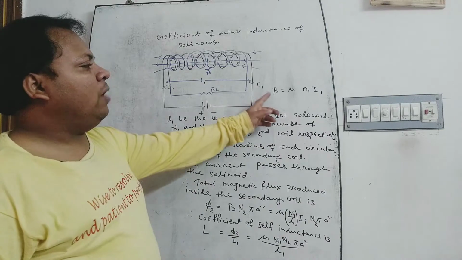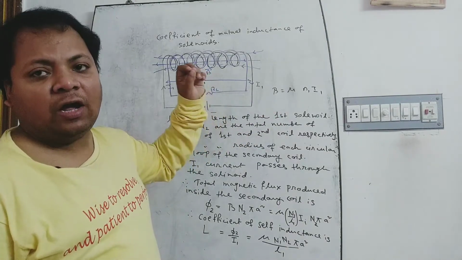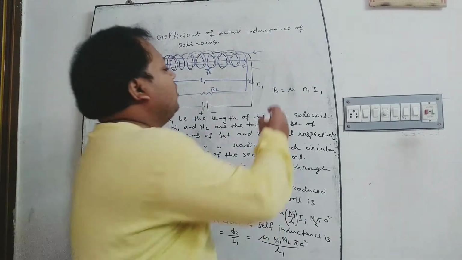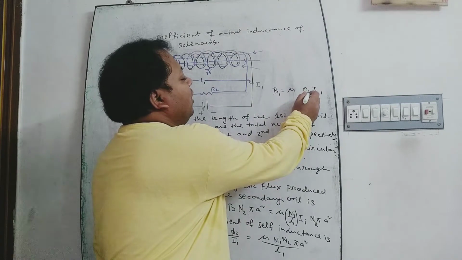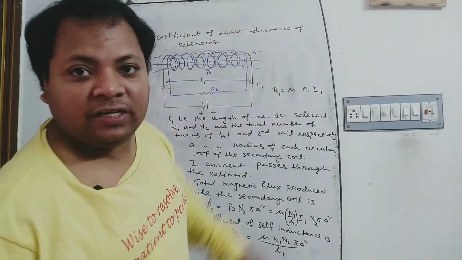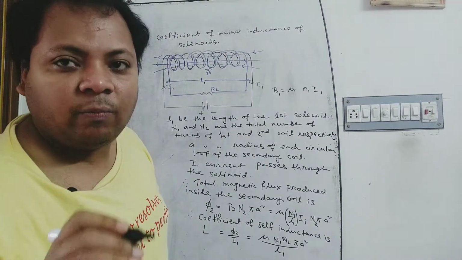Now you know the induced magnetic field produced at a point on the axis of the primary coil is B1 equals mu small n1 into I1, where small n1 is the number of turns per unit length of the primary coil.